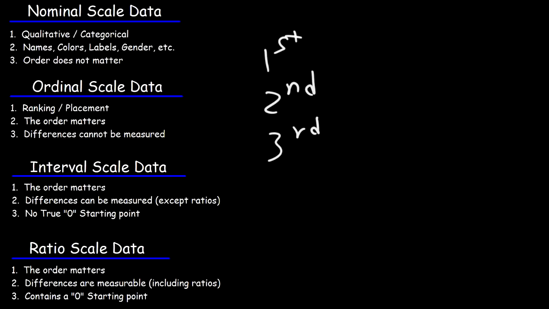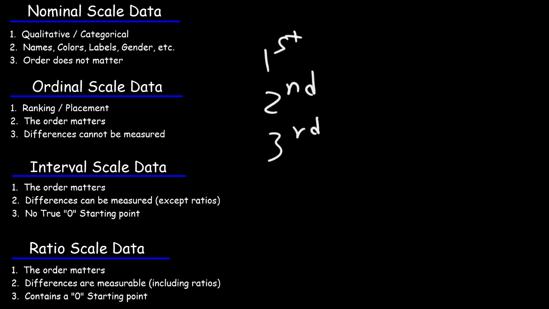In this case, this would be ordinal scale data because the order matters. However, the differences cannot be measured. The difference between first and second place is not the same as the difference between second and third place. Now, if you're looking at numbers, 2 minus 1 is 1, 3 minus 2 is 1. But that's not the way in which we should really look at it.